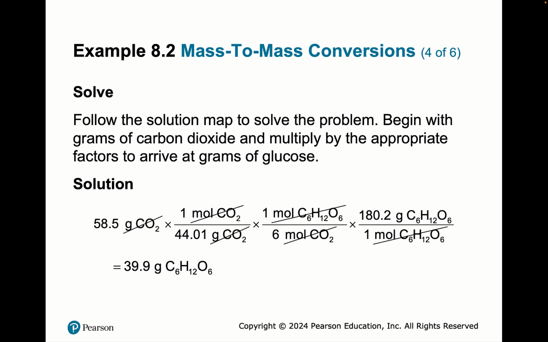It just depends on what the problem calls for. But you get this from the balanced chemical equation. If you do not balance the chemical equation right, you will have the wrong ratio and you'll get the wrong answer. So now we convert between moles of carbon dioxide and moles of glucose, the tough step, and then finally use the molecular weight of glucose, and we get about 40 grams.